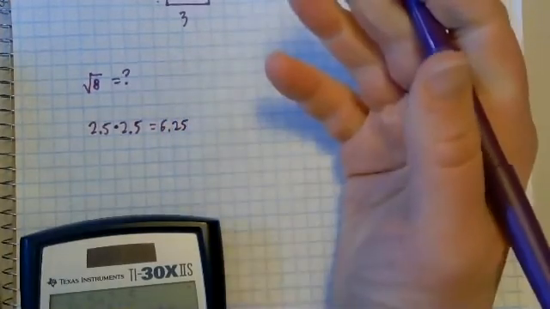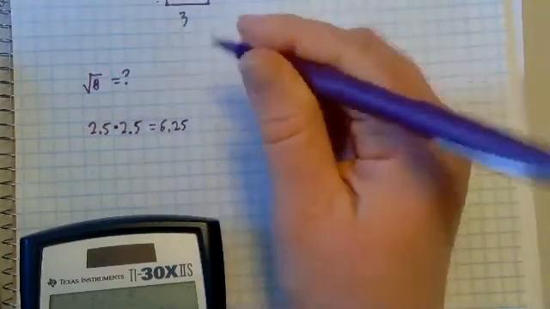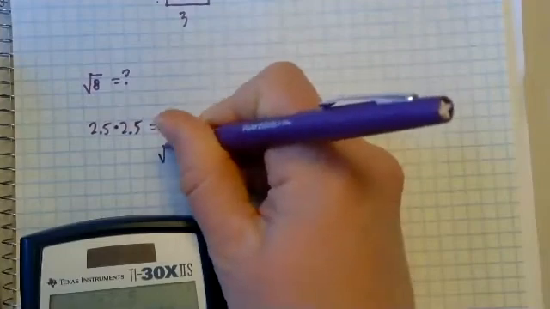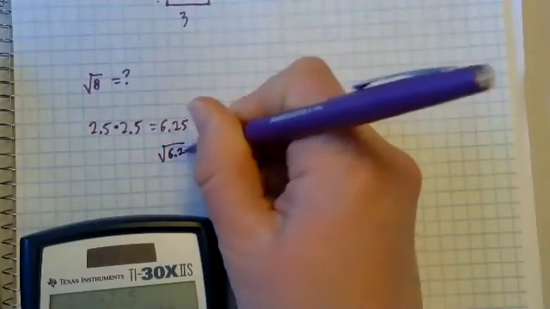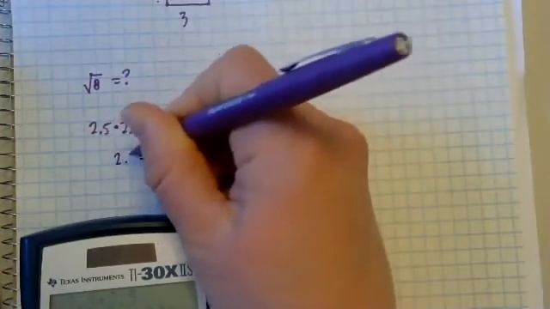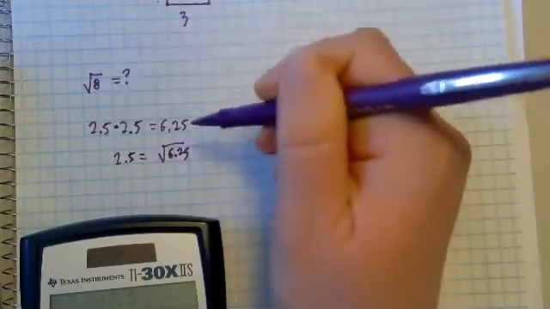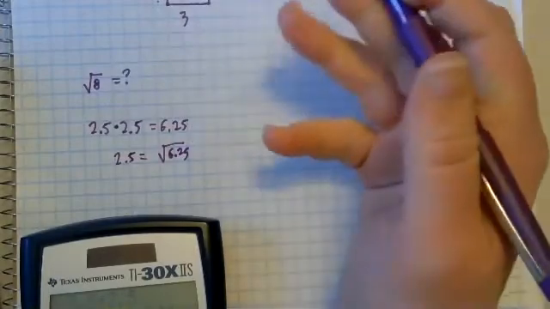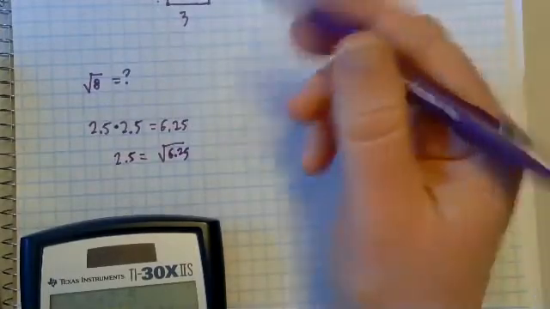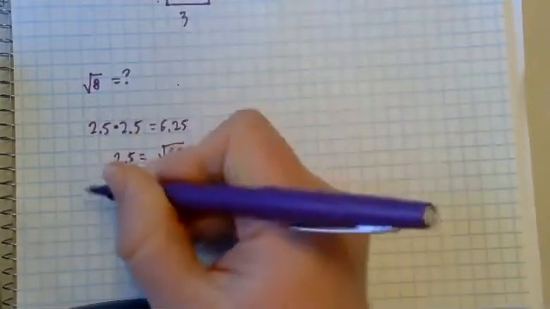So this is an example of something, like I said earlier, that would be kind of an interesting decimal, because we now know that the square root of 6.25 is going to be 2.5. So there are some interesting decimal square roots like this out there. It just doesn't help with the particular question we're asking right now, except that we now know we need to try something bigger than 2.5.